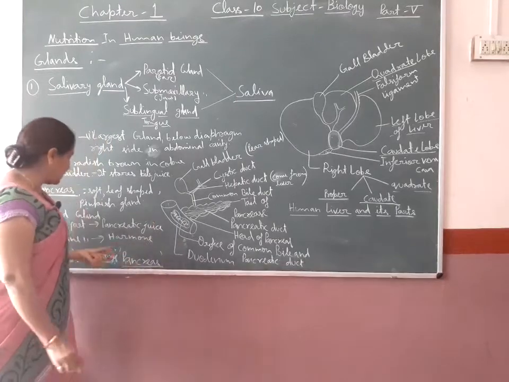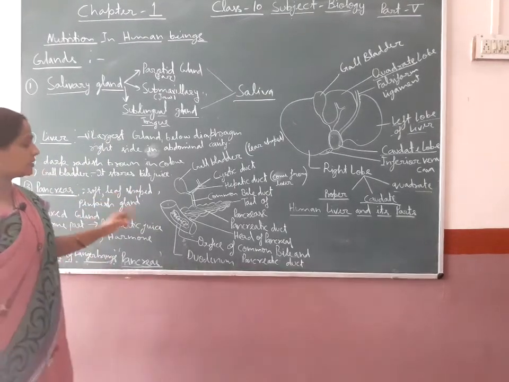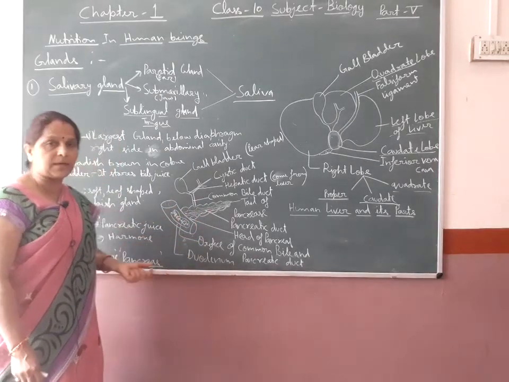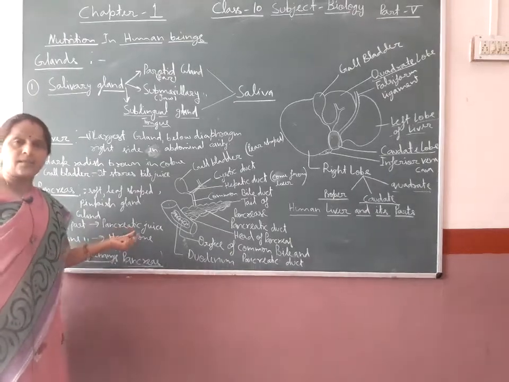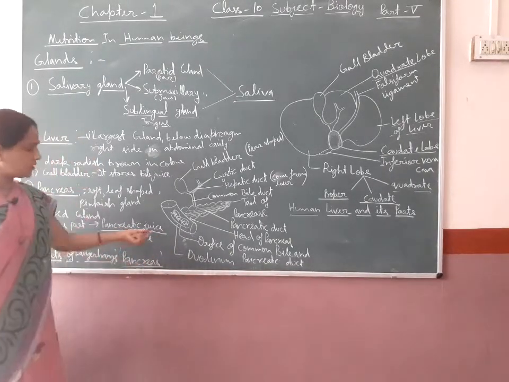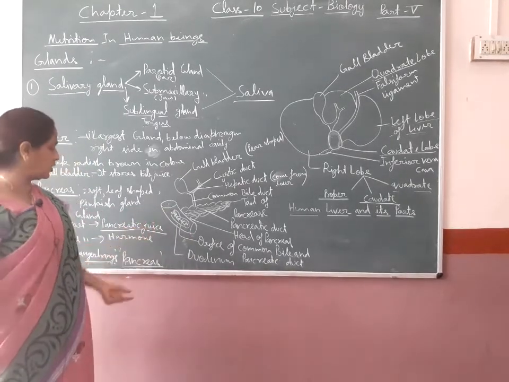This pancreas is also called a mixed gland because it consists of two parts, an exocrine part and an endocrine part. The exocrine part secretes pancreatic juice, which goes to the duodenum and is involved in the process of digestion.